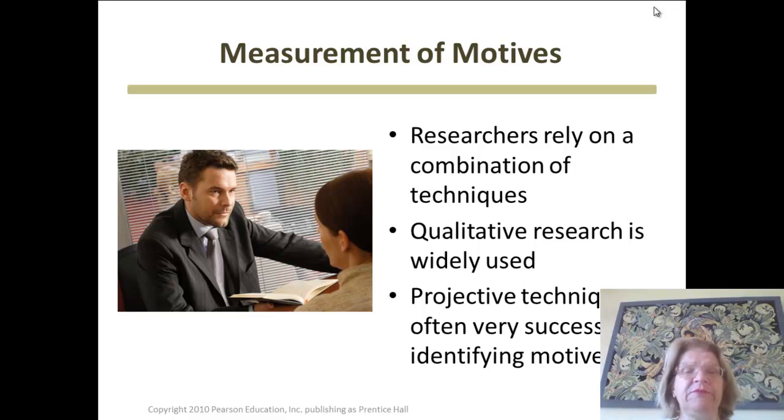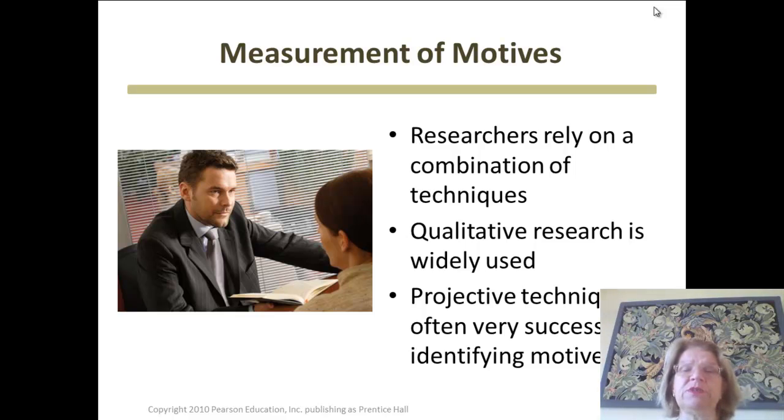Motives are very difficult to identify and measure. This is in part because they are hypothetical and not physical concepts that can be weighed and measured with a ruler. Because they are not tangible, marketers must use a variety of measurement techniques.